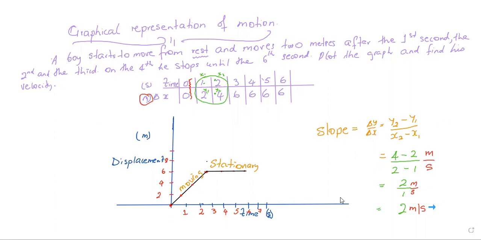So we can conclude that the slope, the gradient of displacement versus time, yields velocity.